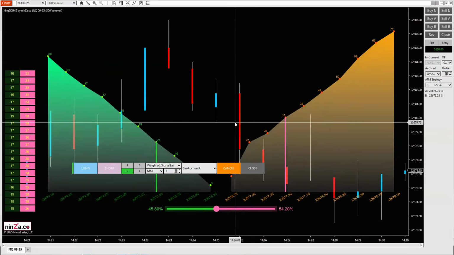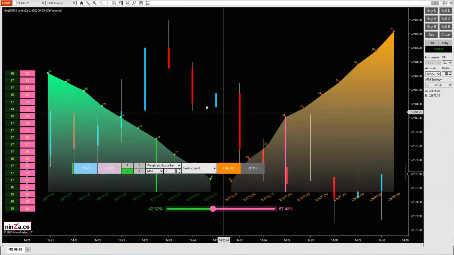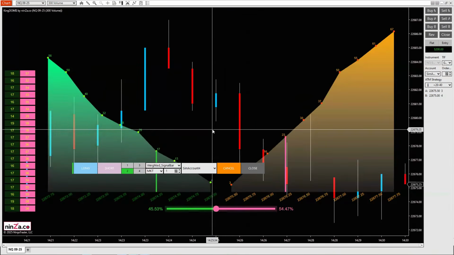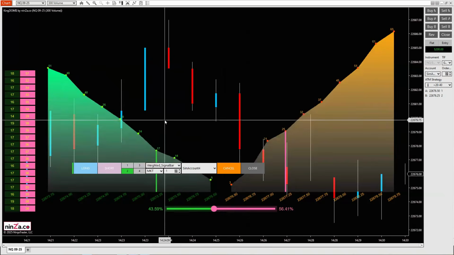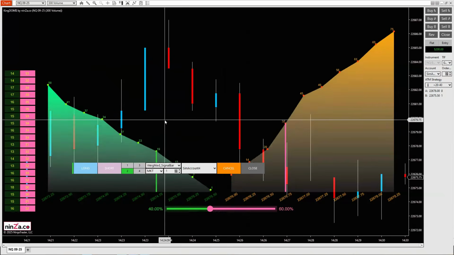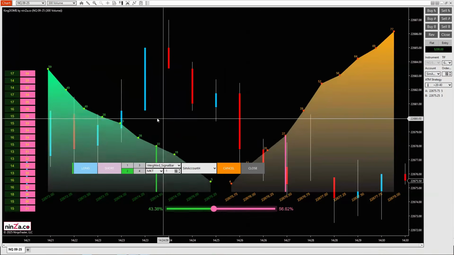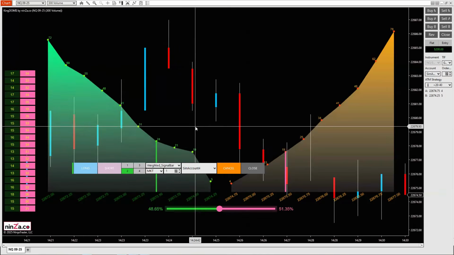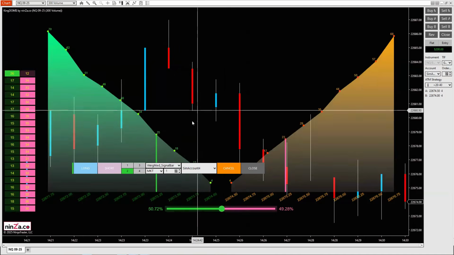I cannot compare because it's a completely different thing. Now, could you combine this with a Super Jump Boot, as far as when it creates an area of support, that indicator? Can you start looking for longs? Yeah, so you could combine another indicator with this.